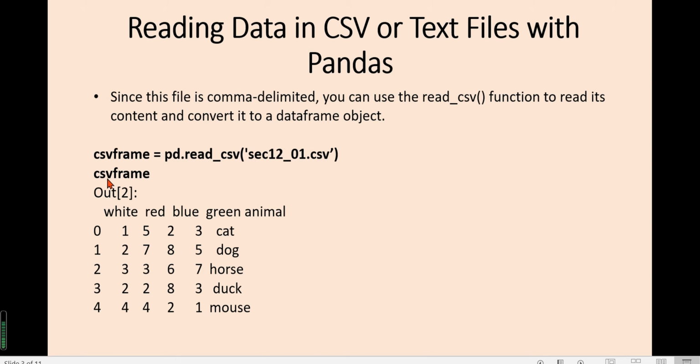Then the result of this object will be a data frame. You can see these 5 variables will be automatically created, and the index for the row will be automatically created from 0 to 4, and this is the data value part of the data frame with 5 columns, 5 rows.